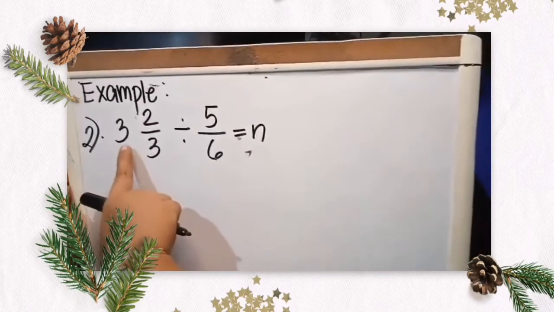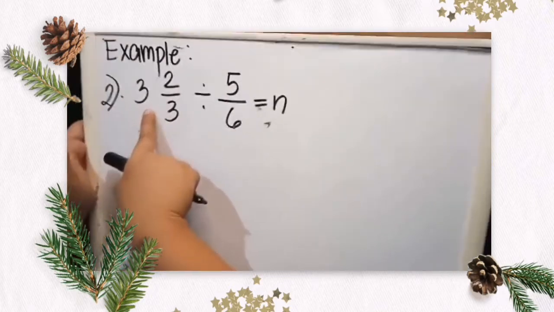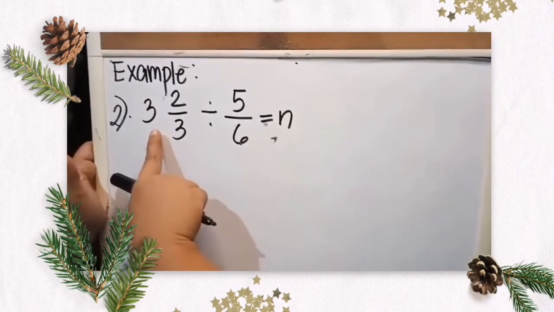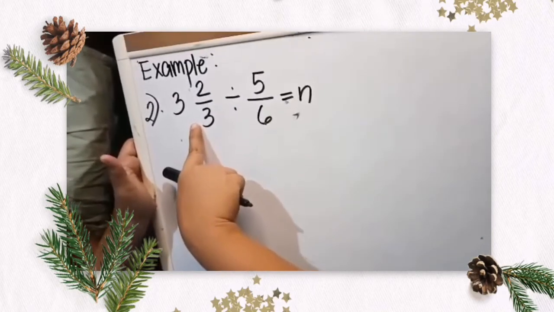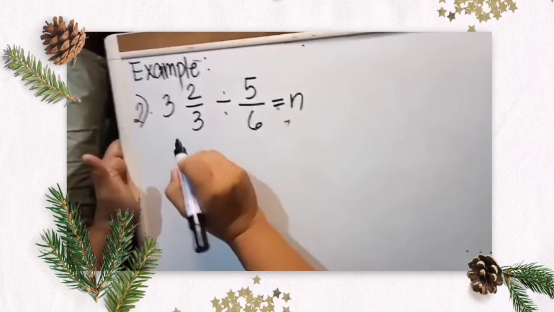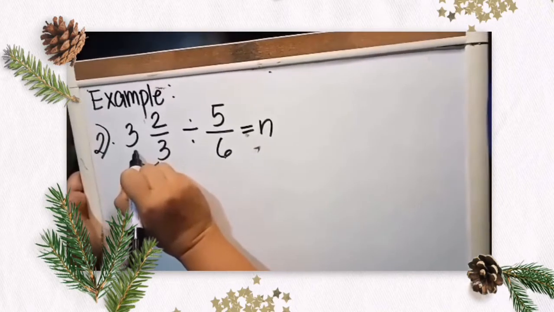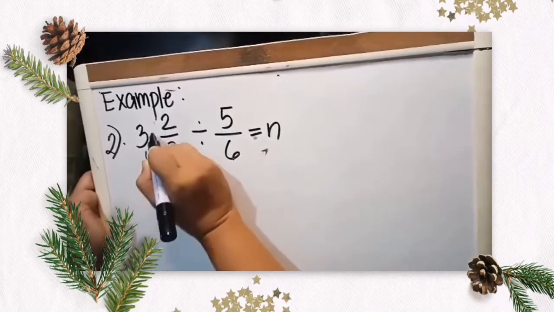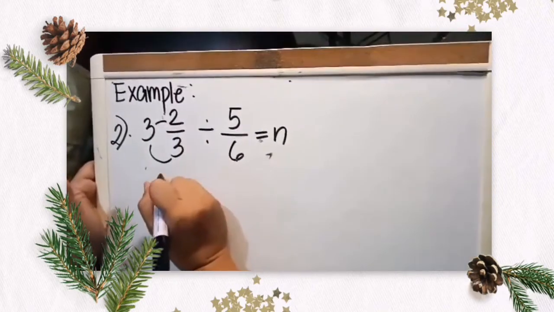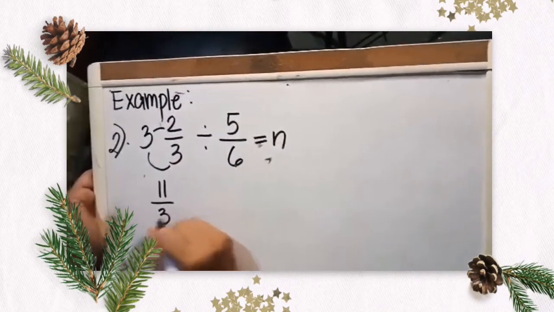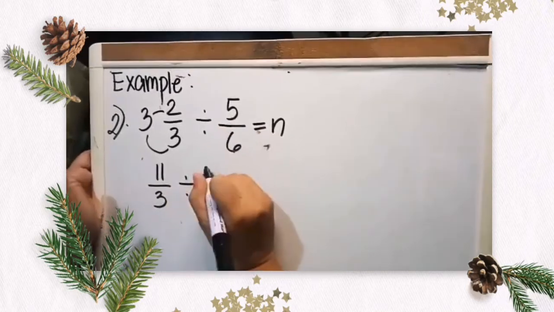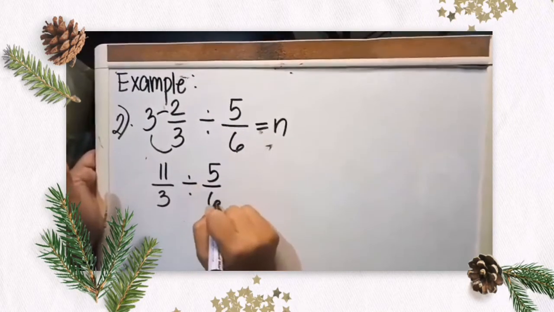First, change nimo ang mixed number into improper fraction. 3 and 2/3 atong i-change into improper fraction. Kung saon man, 3 times 3, 9. 9 plus 2, 11. Copy the denominator 3 divided by 5 over 6.